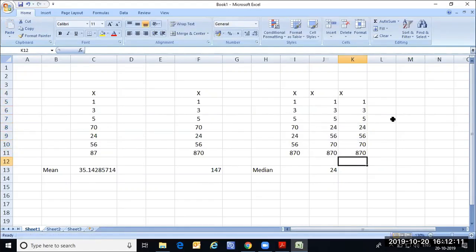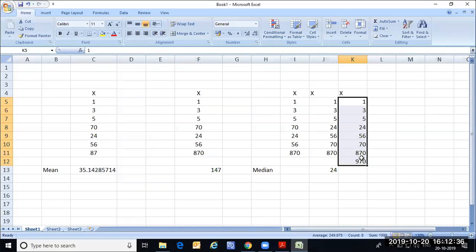Let me add one more value to it. Don't need to rearrange the order again. 970 is definitely more than all other values. Now tell me, what is the median of this data? Because these are an even number of values, we need to take the middlemost values.